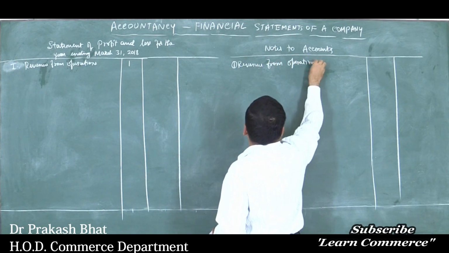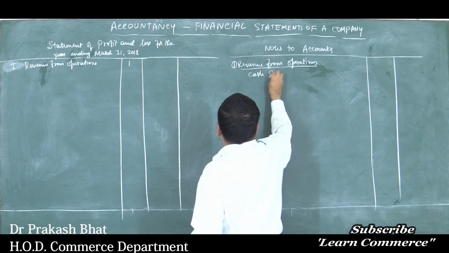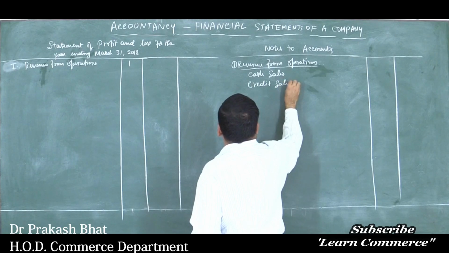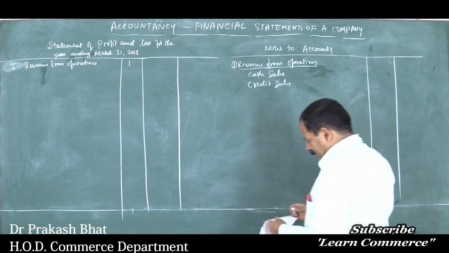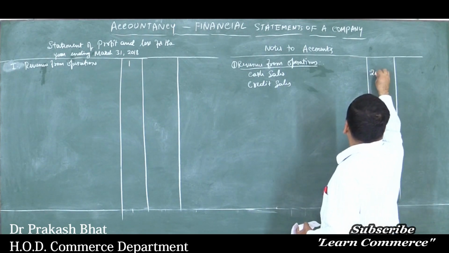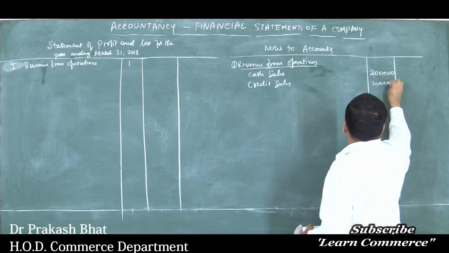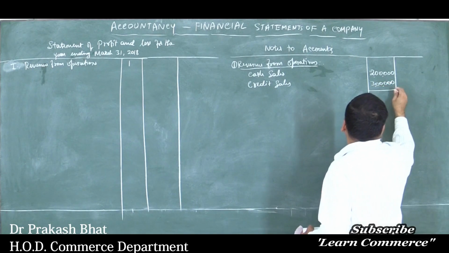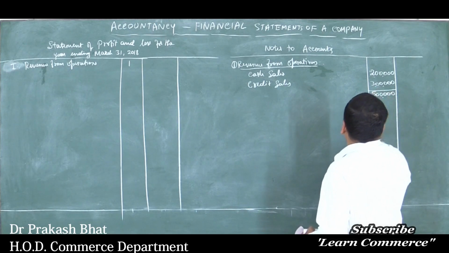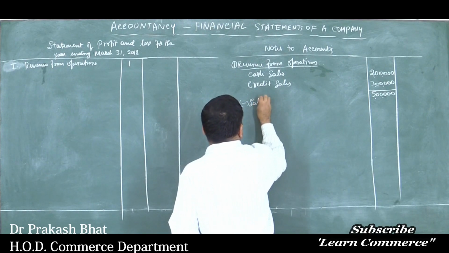Under that, cash sales, credit sales. Add them together, write the amount. How much? 2 and 3. In the inner column, 2 lakh and 3 lakh. So 5 lakh, minus sales returns.